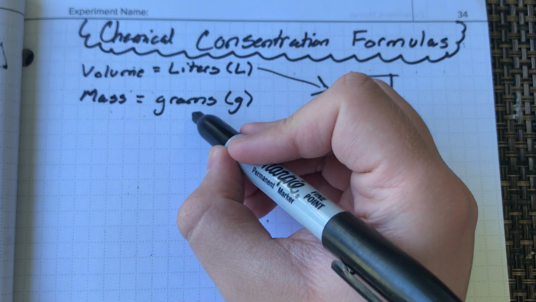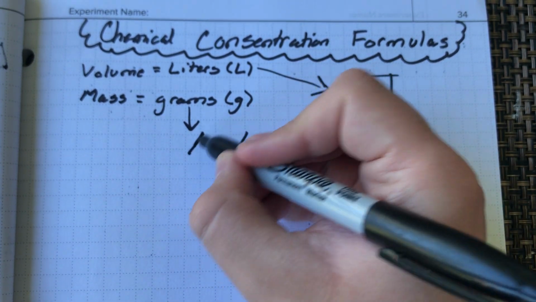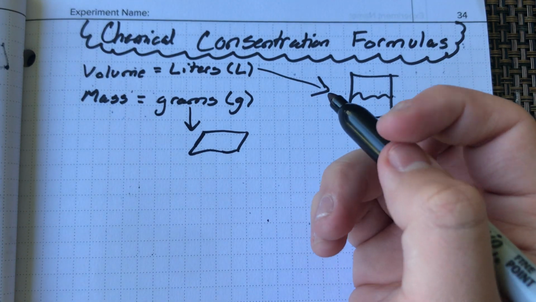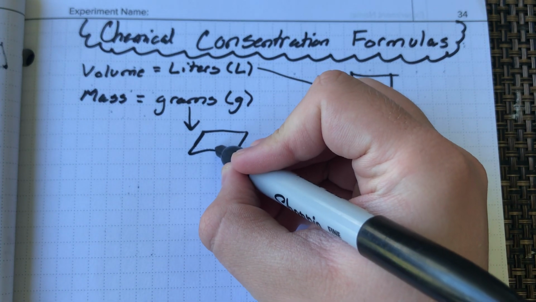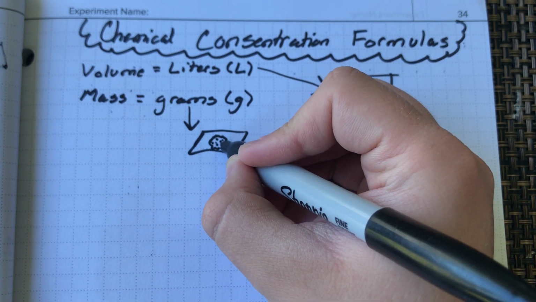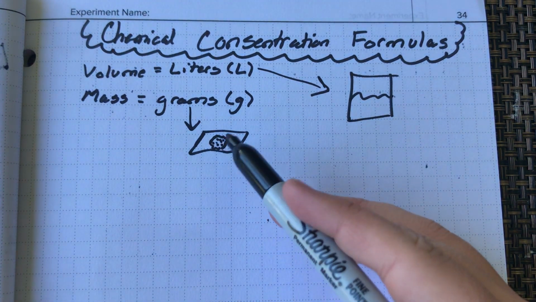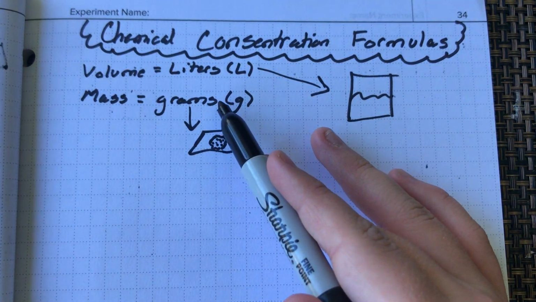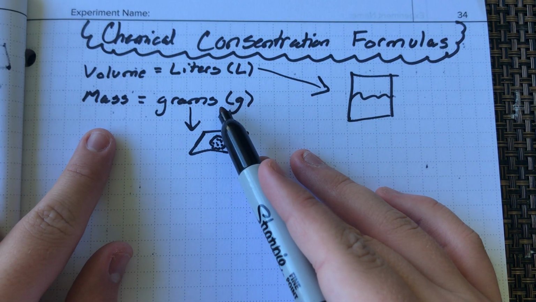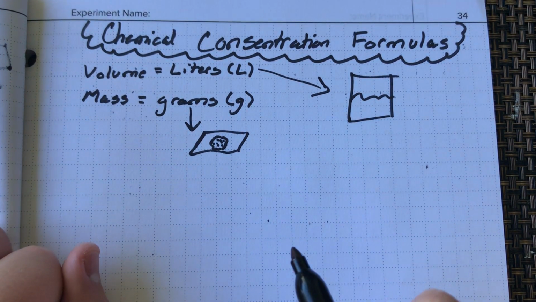And for grams, you're going to draw a little petri dish or a scale, and on top of it you're going to draw a whole bunch of specks that represent grains of salt, and you'd measure that in grams. This is important because in America we don't use grams, we use things like pounds, but since this is a science program, we have to use the metric system.